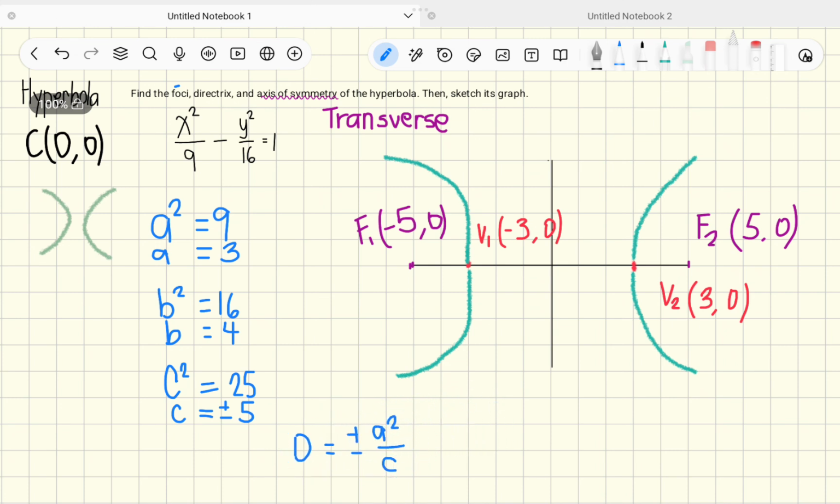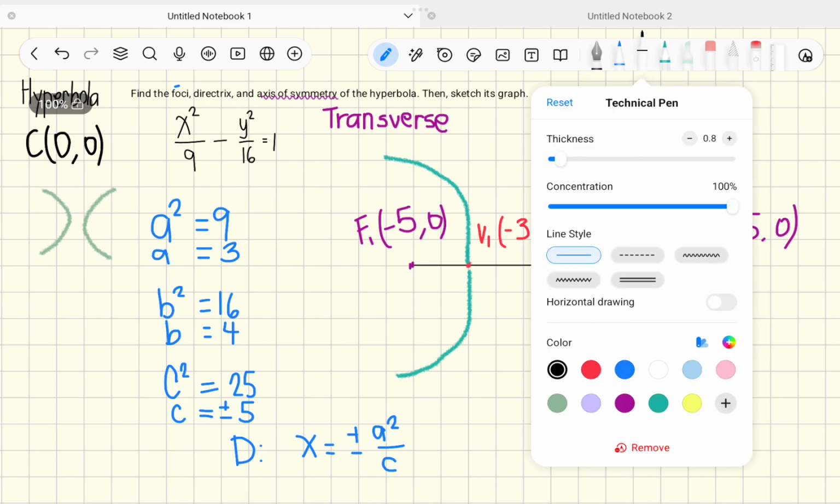Since it is horizontal, this will be x. So the directrix is x equals positive or negative 9 over 5. What is 9 over 5 approximately equal to? That's approximately 1.8, so somewhere here.